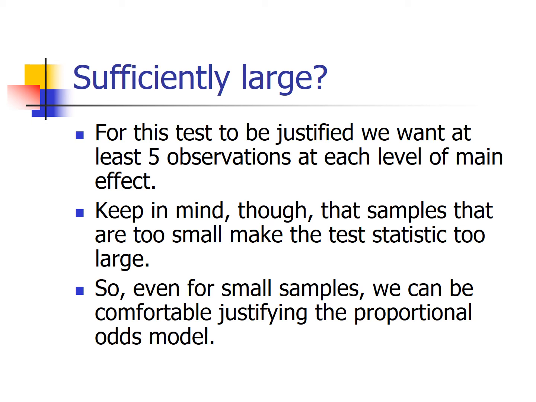When our sample's too small, our test statistic is too large, which implies, and this should make sense if we reflect upon it, that for small samples we could be comfortable in justifying the proportional odds model, if that's what our test tells us to do.